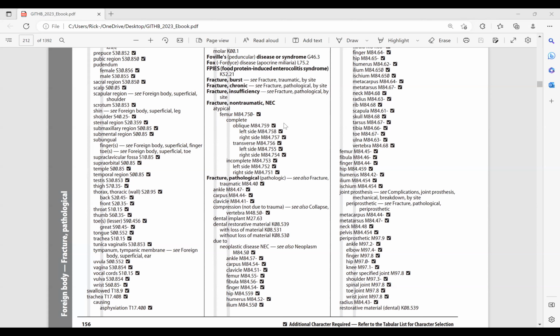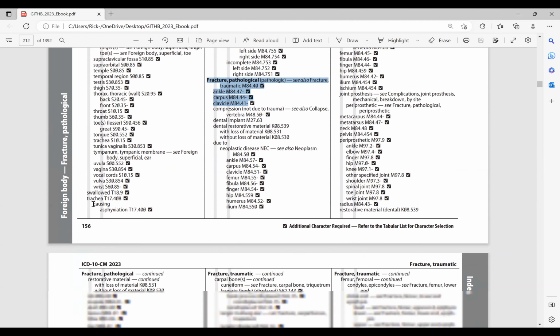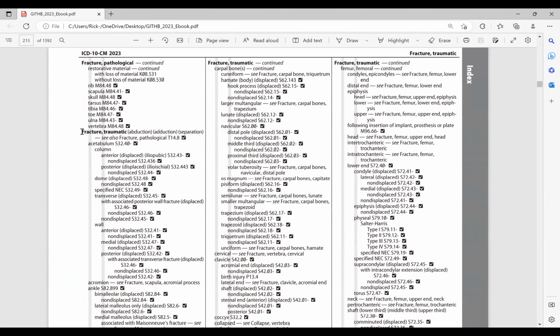Again, fracture is described as being traumatic, non-traumatic, right? And after you get on or about page 156, take a look at what type of fracture, whether it's traumatic, non-traumatic, what have you. And the subterms will guide you. If it's a traumatic fracture, which is more common, you'll see these terms starting on or about page 157. And the bones are listed in alpha order.